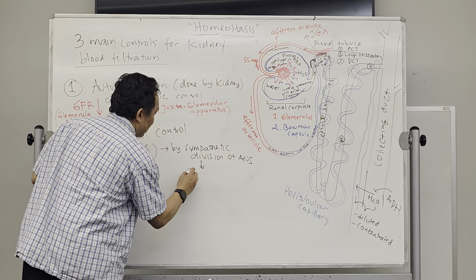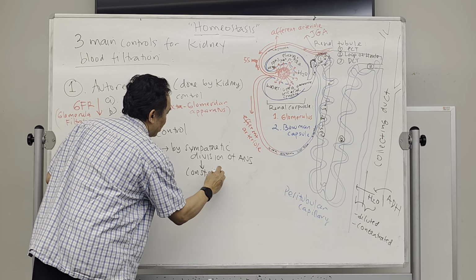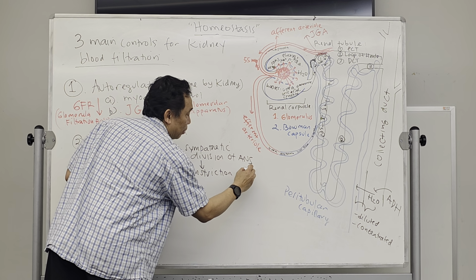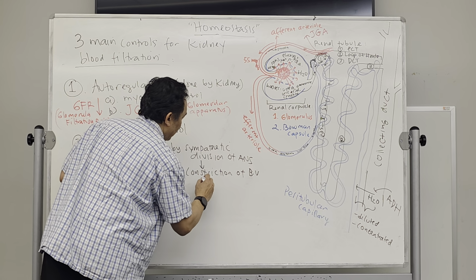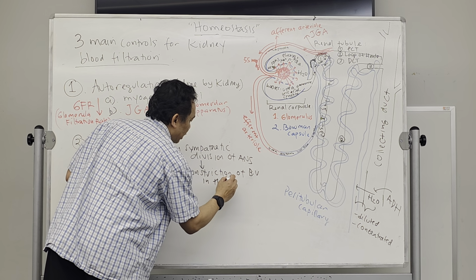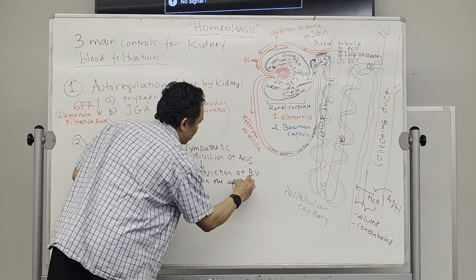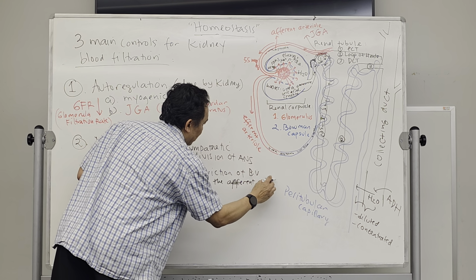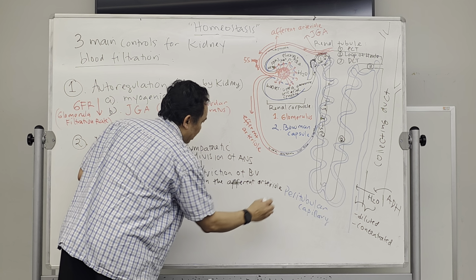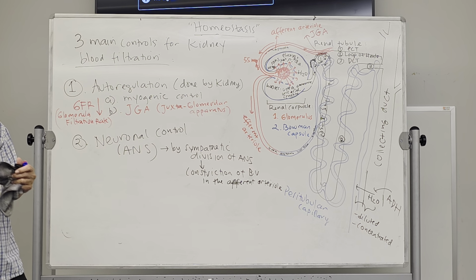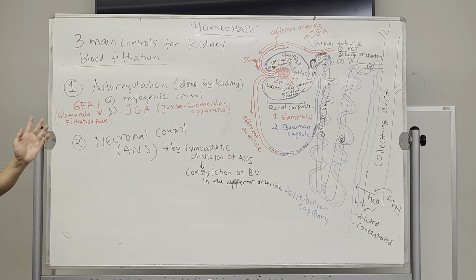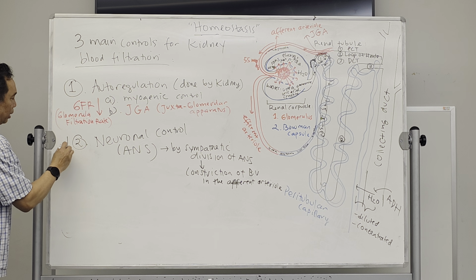So it will tell the blood vessels to constrict, especially the afferent arteriole. When this afferent arteriole constricts, then the flow of blood into the glomerulus will be lower, will be slowing down. Thus it will also reduce GFR.